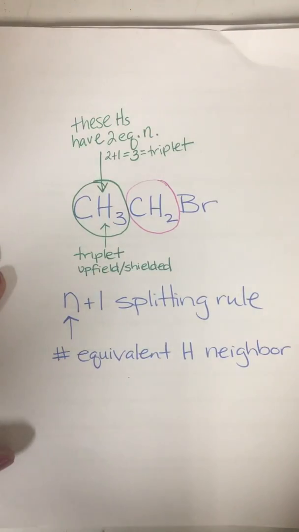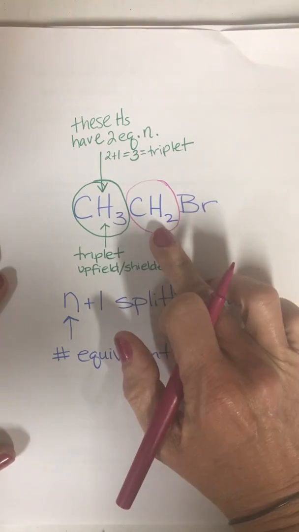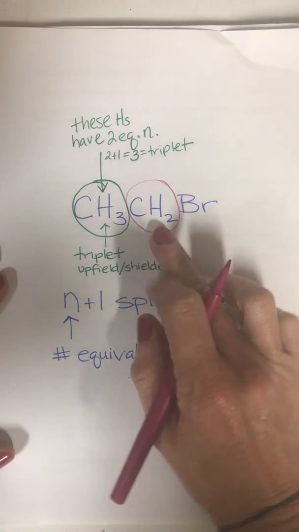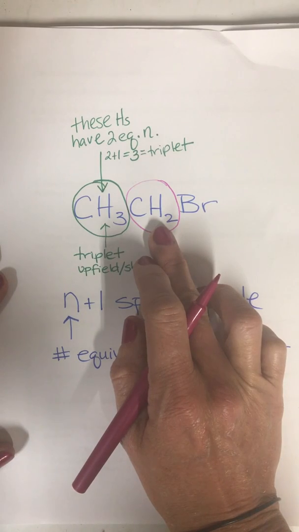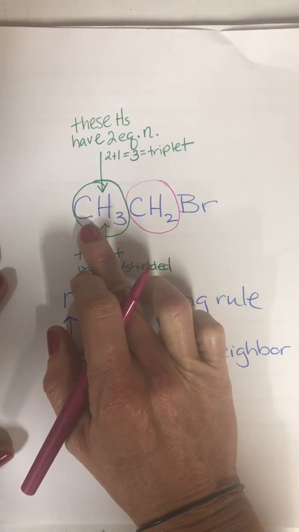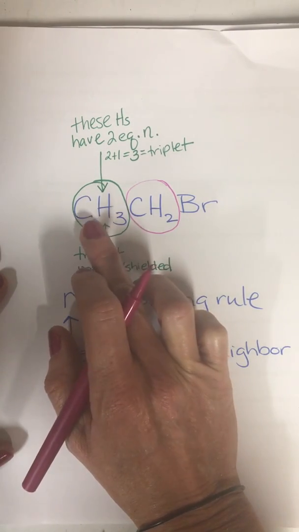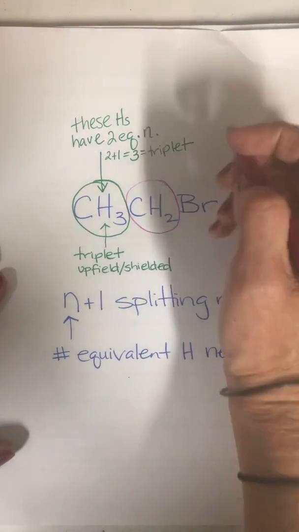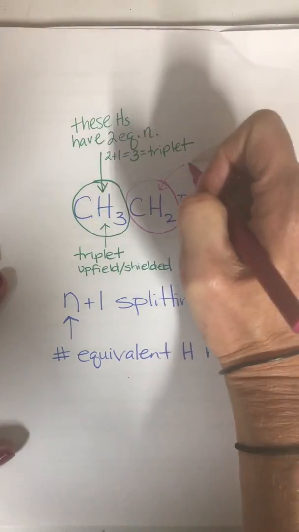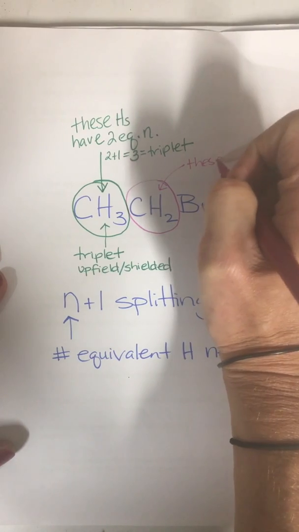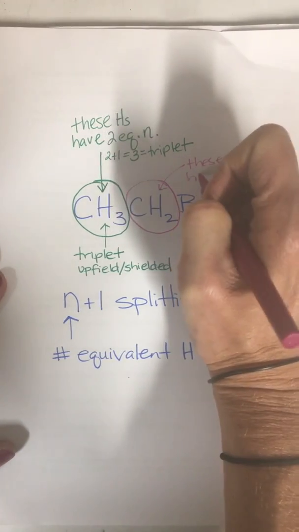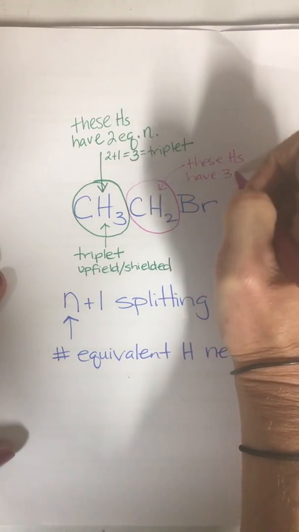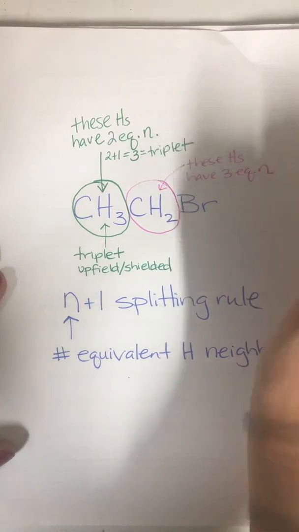Now, if we're looking at our second signal right here, we just have to look at our adjacent atom, which is the carbon, since the two carbons are bonded together, and this carbon has three equivalent hydrogens on it. So these hydrogens have three equivalent neighbors.